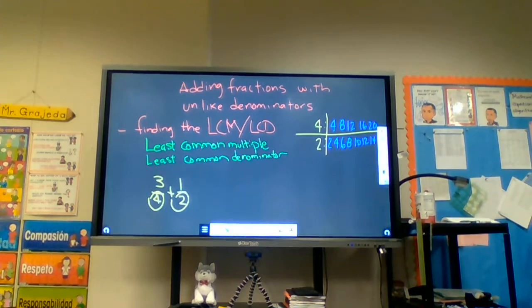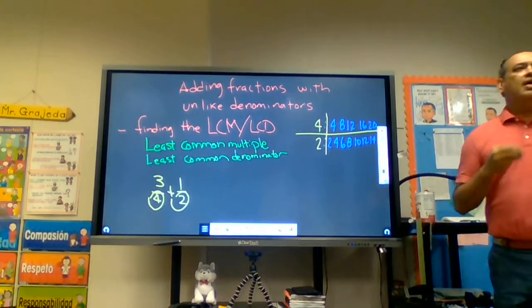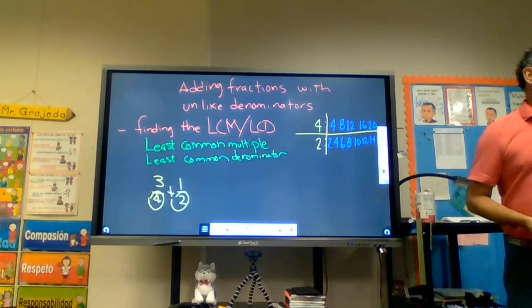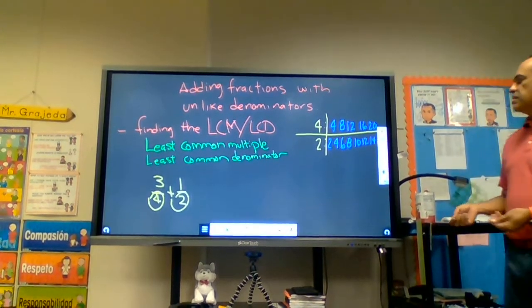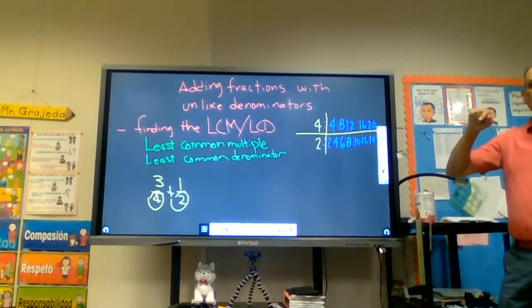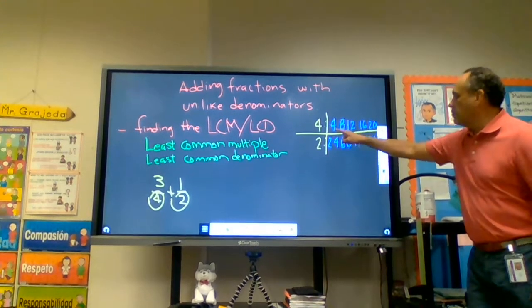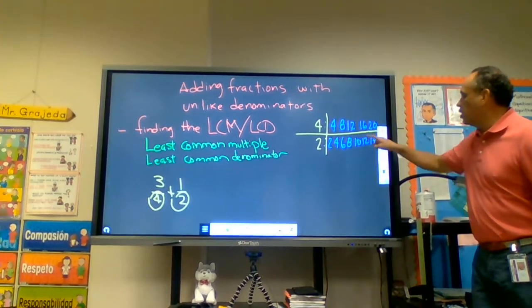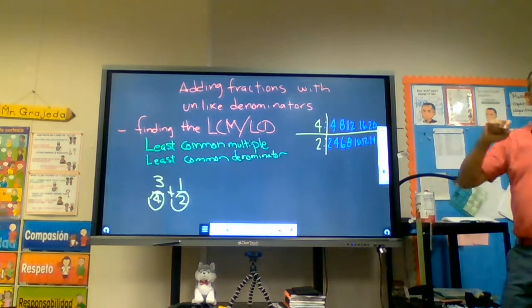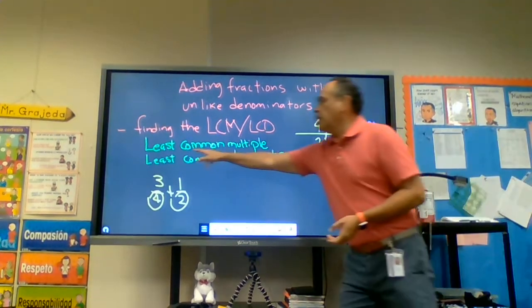Now, to find the common multiple, I can see that some of the same numbers are on the top and the bottom. Those will be common multiples, like the 4 and the 4, the 8 and the 8, the 12 and the 12. But which one am I looking for? The least, the smallest one.